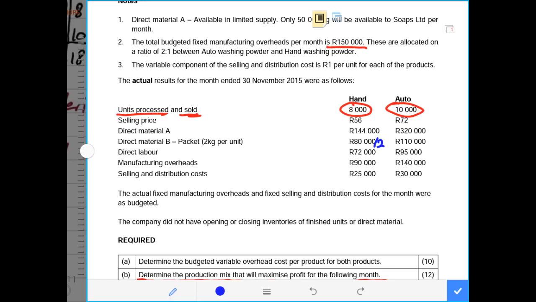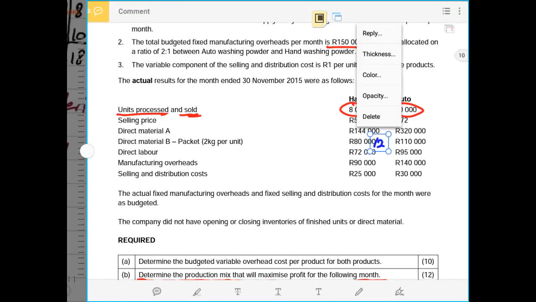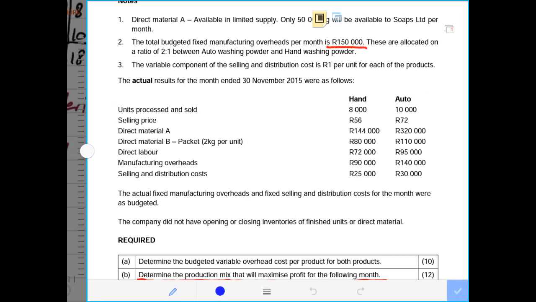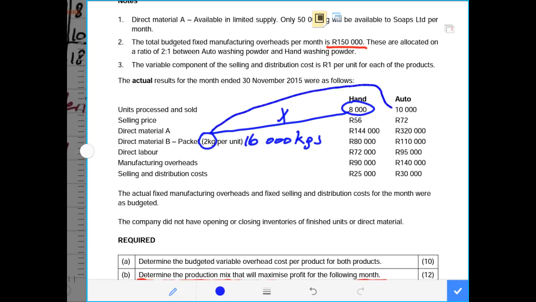So in this case, we cannot calculate the actual cost per kg directly. We can say 2 kgs per unit, times this by 8,000 units, because they require 2 kgs to complete 1 unit. So 2 kgs times 8,000 gives me 16,000 kgs for product hand. Then 2 kgs times 10,000 units gives me 20,000 kgs.